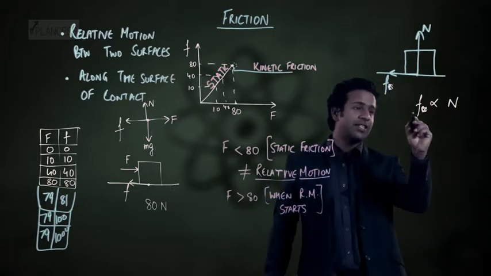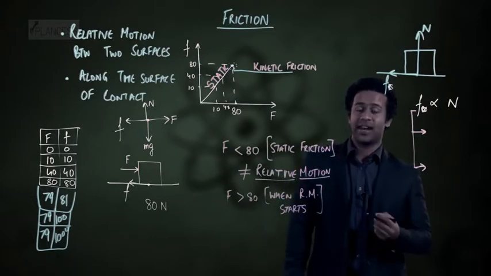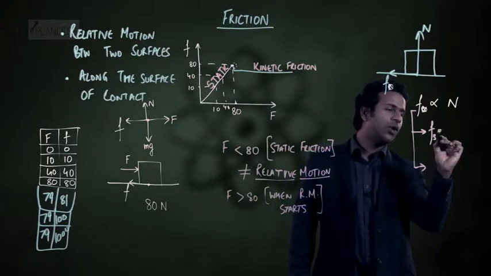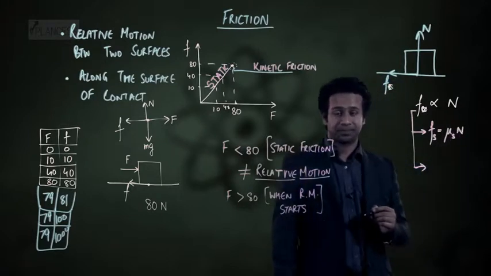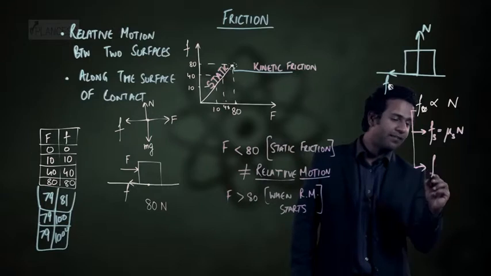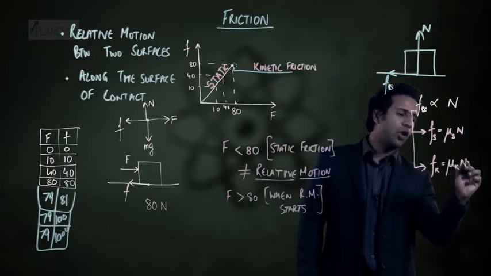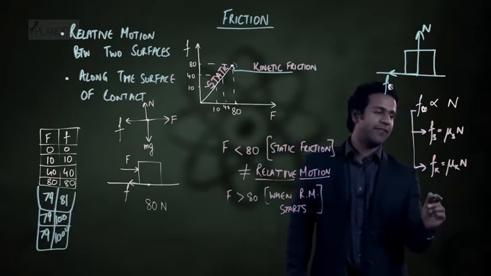But friction we have seen is of two kinds, static as well as kinetic. So the static friction is equal to mu static times normal reaction, and kinetic friction is equal to mu kinetic times normal reaction. Now let's first start with kinetic friction.